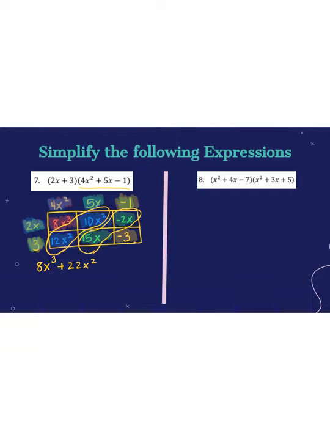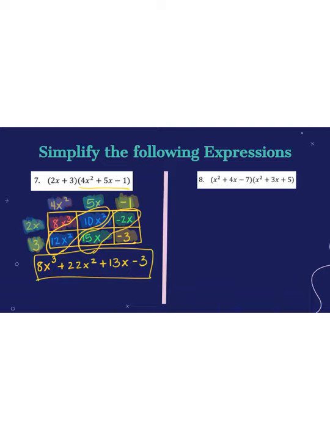And 15x minus 2x or plus a negative 2, those would both give you the same answer. So 15x minus 2x is going to give me a positive 13x. And then I'm just going to stick my negative 3 on the end. So this will be your final answer for number 7.